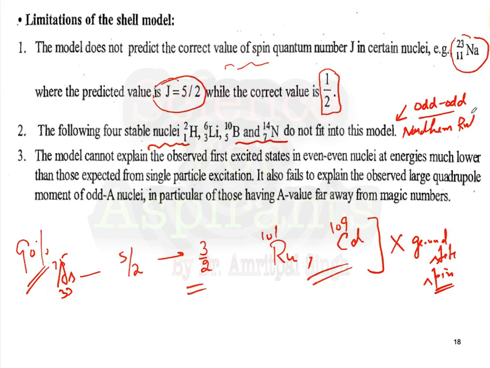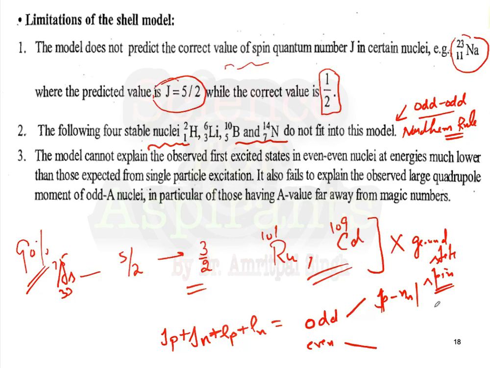We sum up all those values, Jp plus Jn plus Lp plus Ln, and if the value comes out odd, then we consider the case Jp minus Jn, and if it is even, then we apply the different cases. So for odd nuclei this has been explained using the Nordheim rule, but the shell model failed to explain the ground state spin of these odd nuclei.